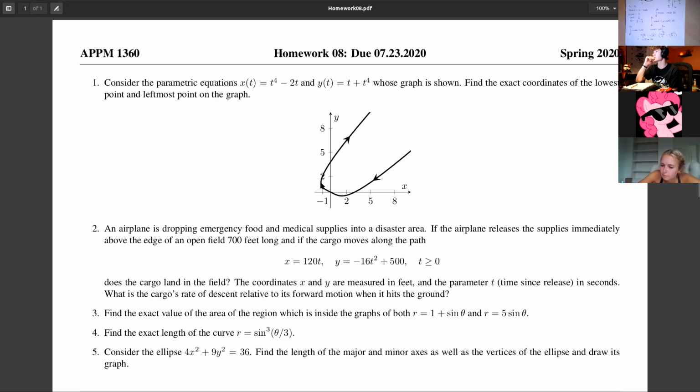Similarly for y, at the bottommost point dy/dt has to be 0. So you just find the first derivative, set it to 0, and then solve from there. Yep.